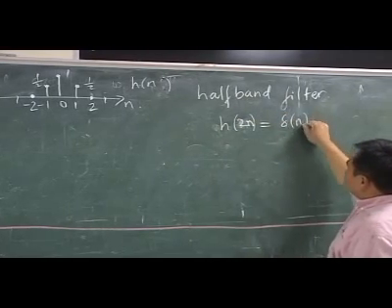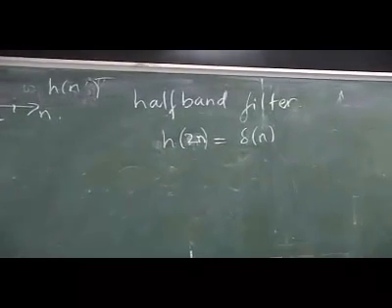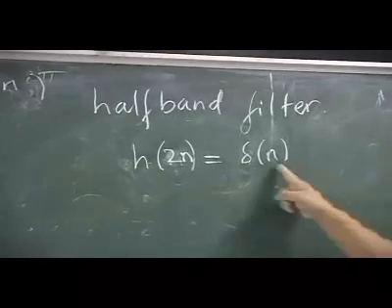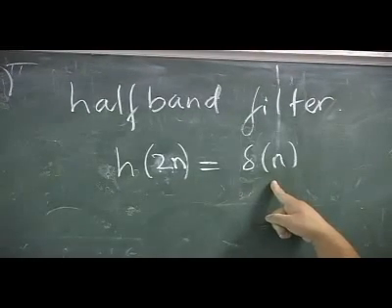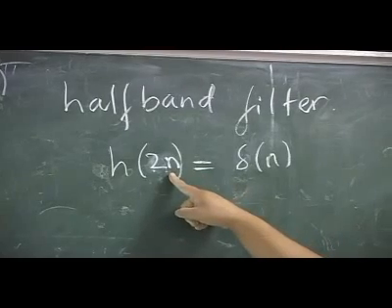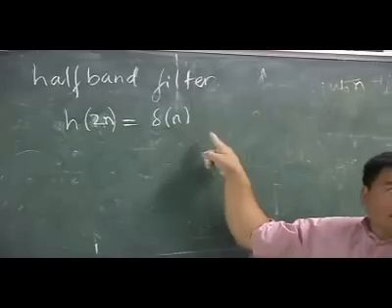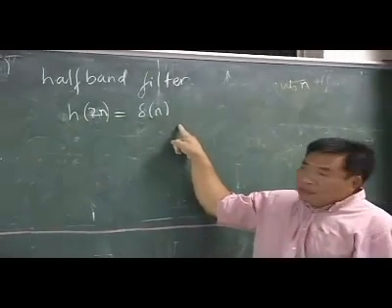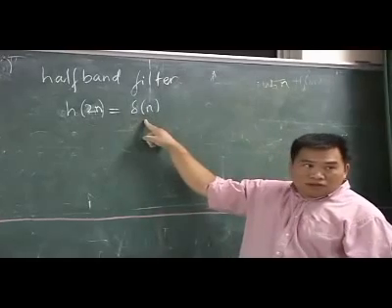Would that work? You know delta n, right? At time n equal to 0, h of 0 is 1. When n equal to 1, h of 2 is, what is delta of 1? 0. When n is minus 1, h of minus 2 is 0, and so on.